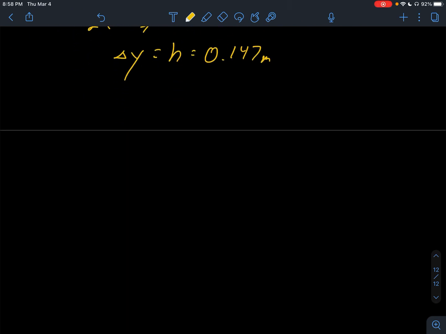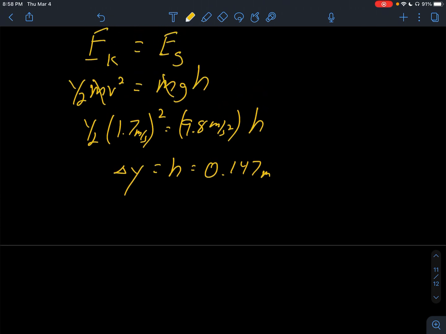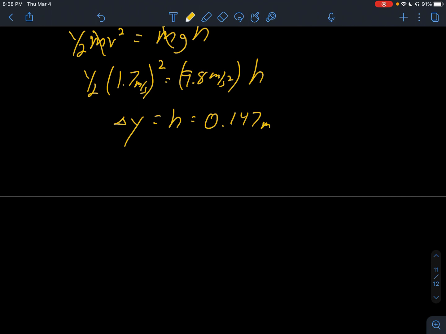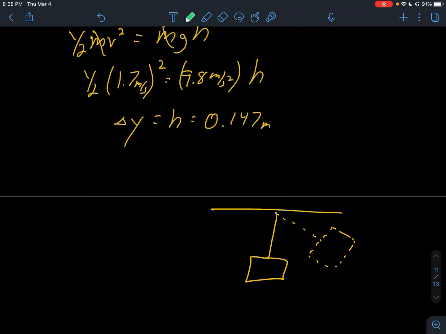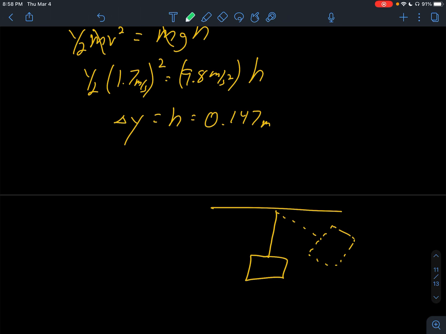So again, I'm just going to sketch this down here. Our pendulum's here. Again, this length of string is 2.8, from here to here.